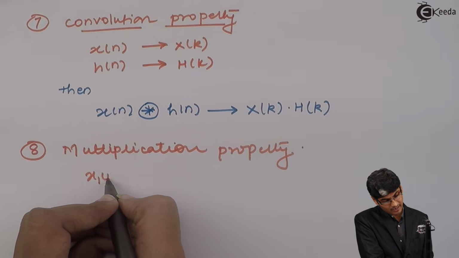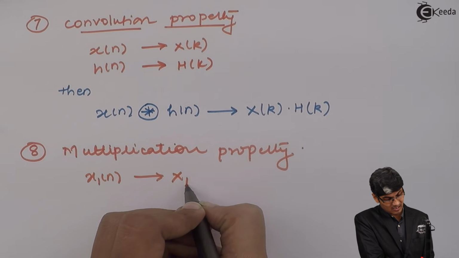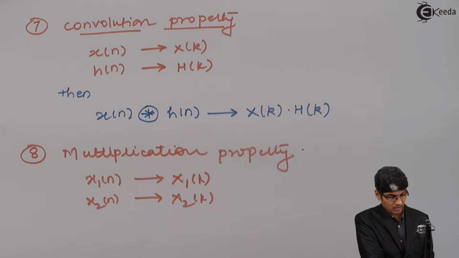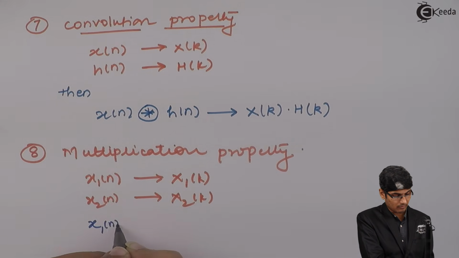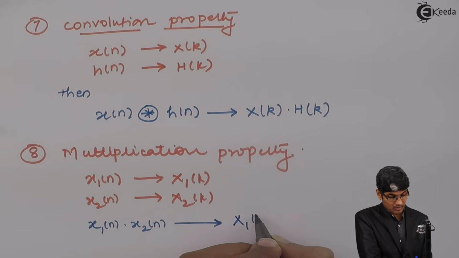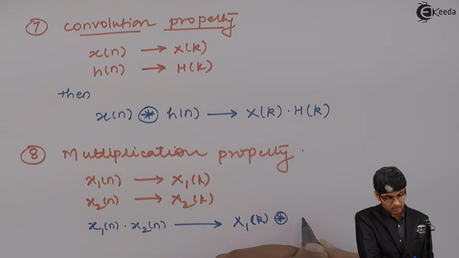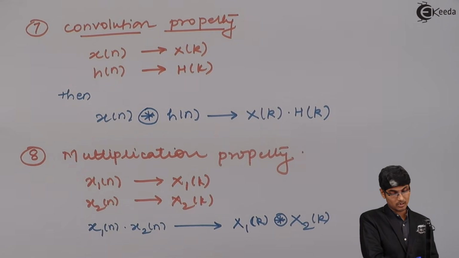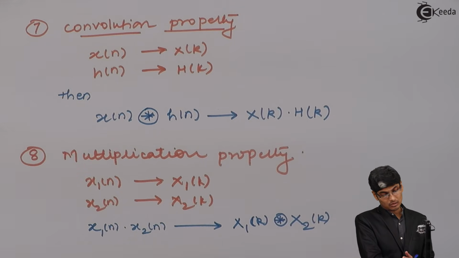Again, if I have x1 of n whose DFT is X1 of k, and x2 of n whose DFT is X2 of k, then if I multiply both of them, x1 of n multiplied by x2 of n, its DFT is X1 of k circularly convolved with X2 of k. So we say that multiplication in the time domain is equivalent to, to be more emphatic, a circular convolution in the frequency domain.